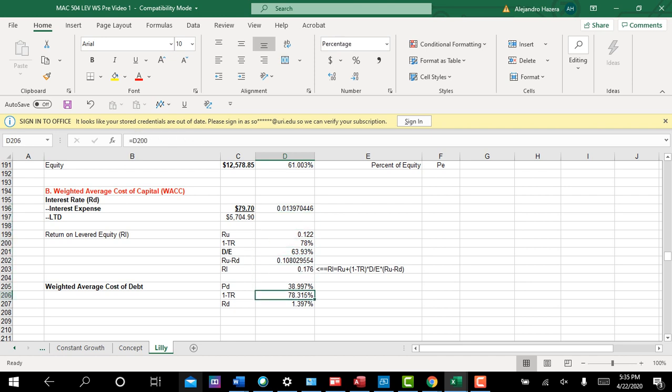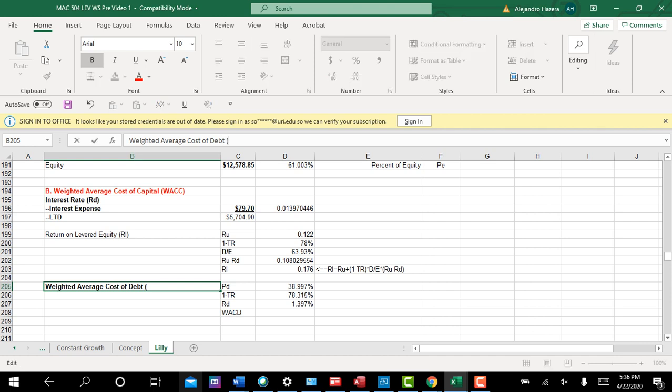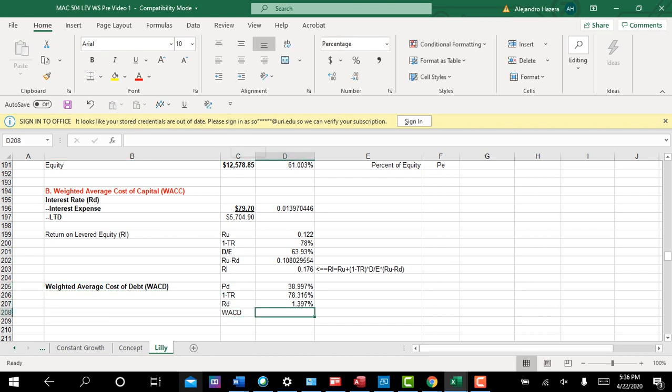So let's go ahead and multiply this, and this is the weighted average cost of debt. I'm going to go ahead and put the acronym in here. It's just going to be the product of those three things. My 39, more or less 39% proportion of debt times 1 minus tax rate times my return on debt.